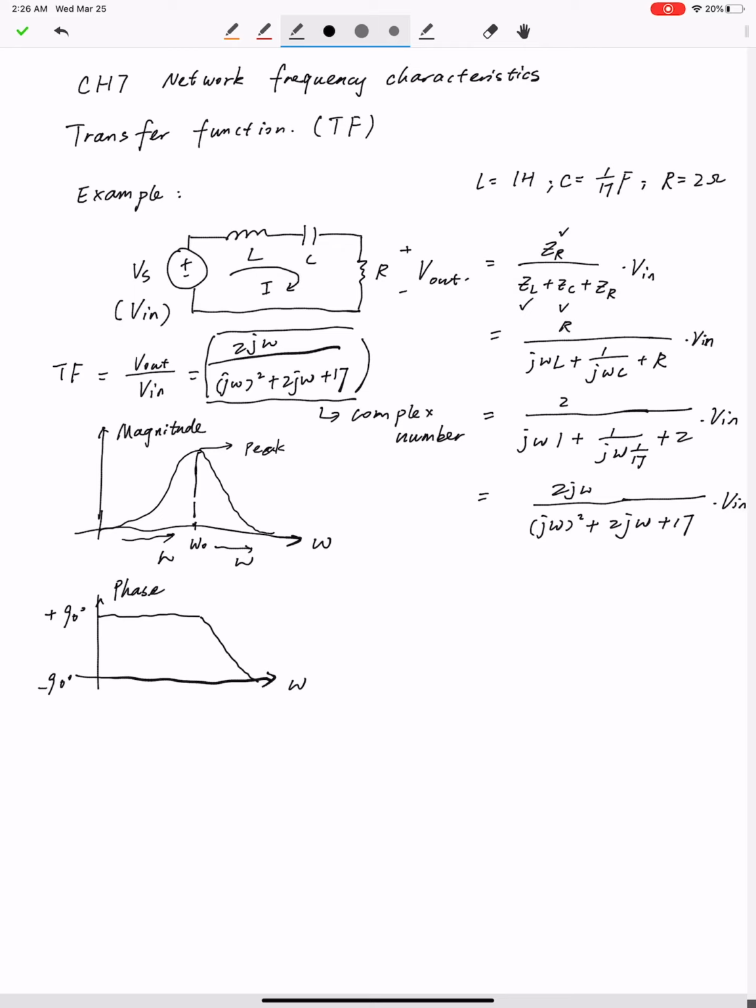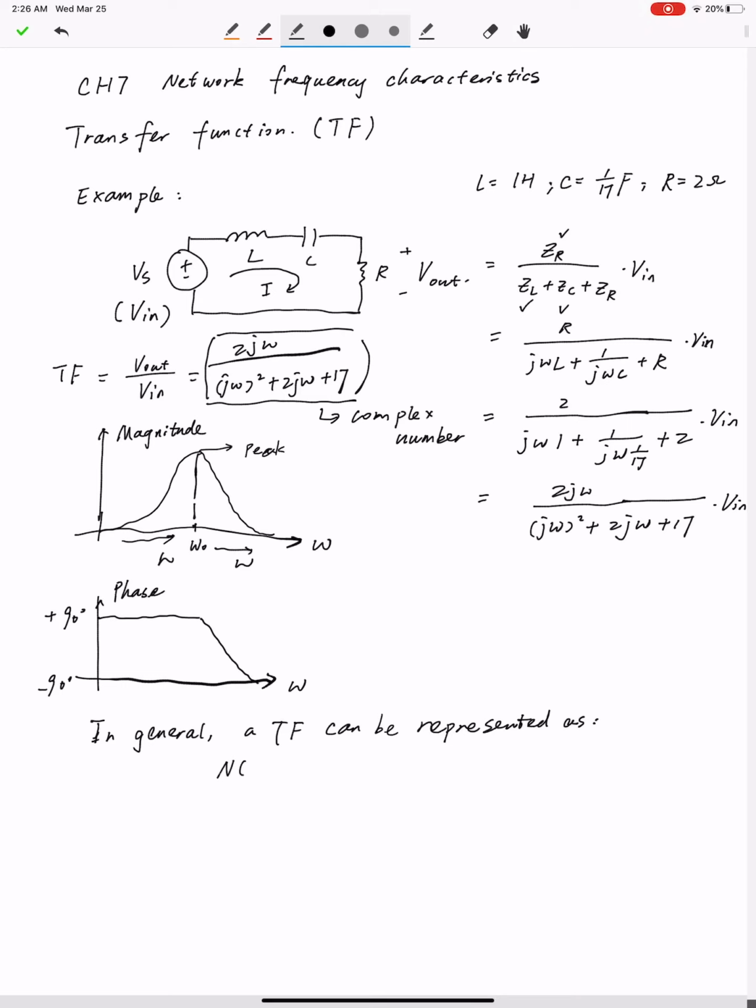In general, a transfer function, TF, can be represented as a function containing j omega, which we denote N(j omega), divided by another function with respect to j omega, D(j omega).